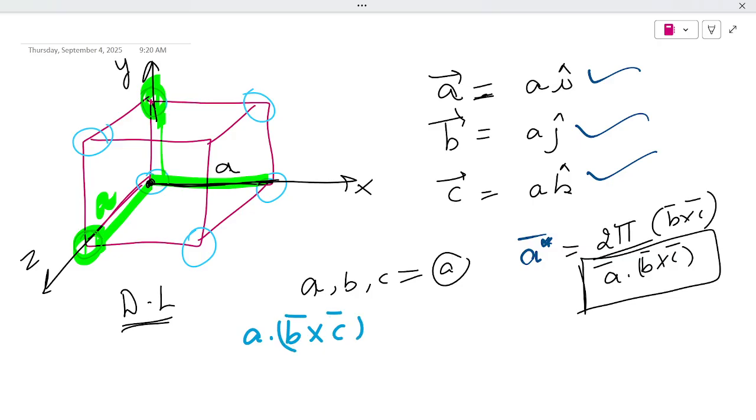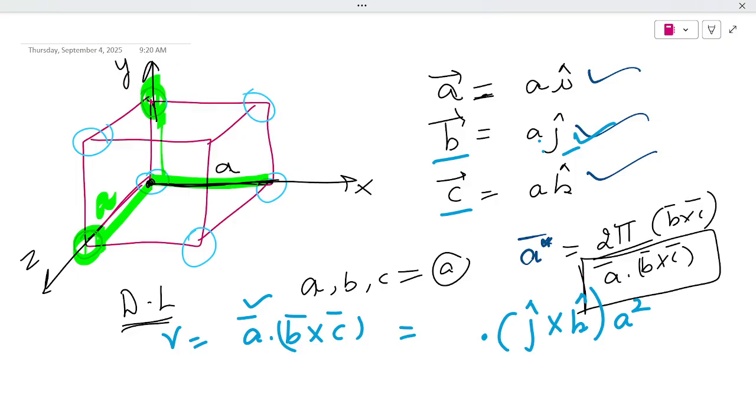If you see, this is the exact expression for the volume of the unit cell. So B cross C, B vector is A j cap and C vector is A k cap. So B cross C will be j cap cross k cap along with A square, one A from the j cap of the B vector and one A from the C vector. Also we have the dot product with this A vector, which is A i cap.